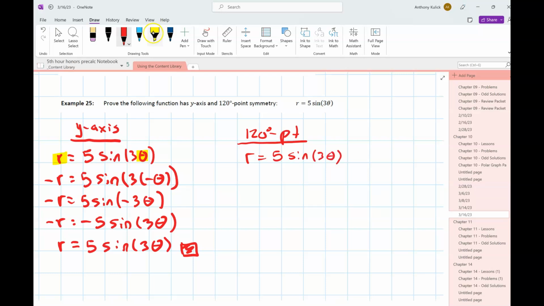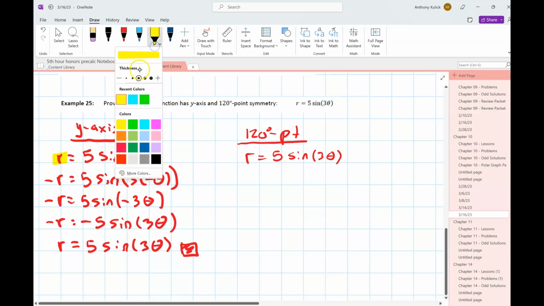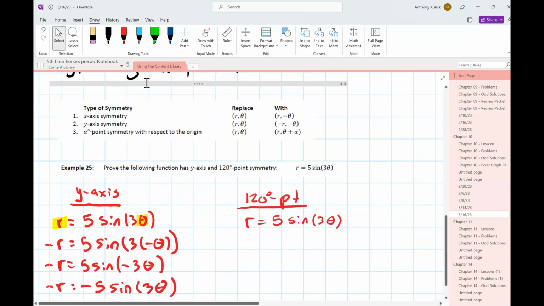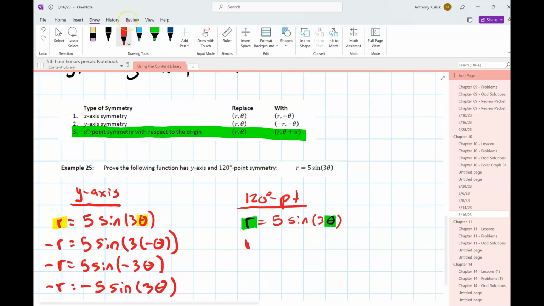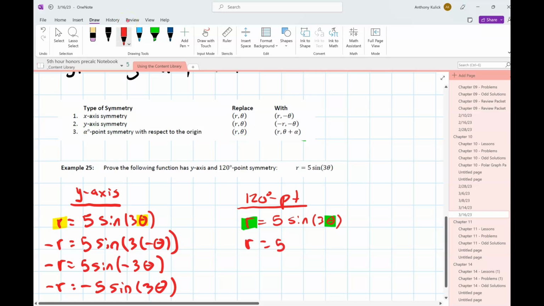So here we have 120 degree point symmetry. So I'm going to be replacing r and theta with r and theta plus 120 degrees in this case.